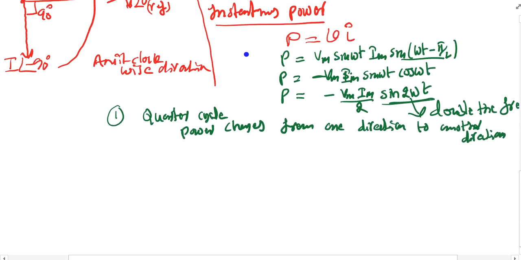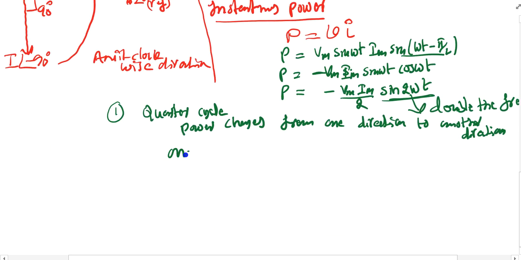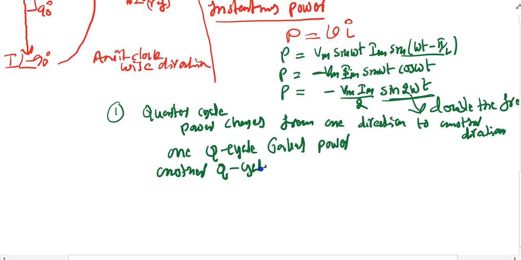So for one quarter cycle it takes the power, and for another quarter cycle it returns the power, or supplies the power back to the circuit. That is the meaning of this.